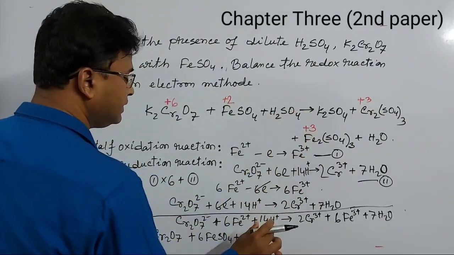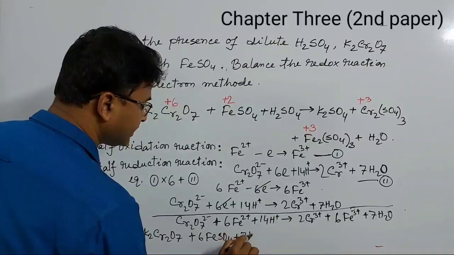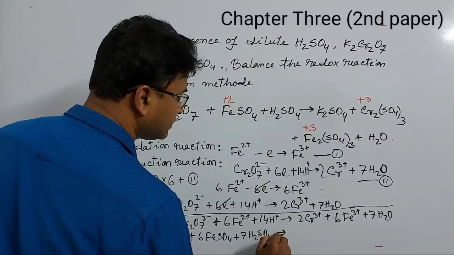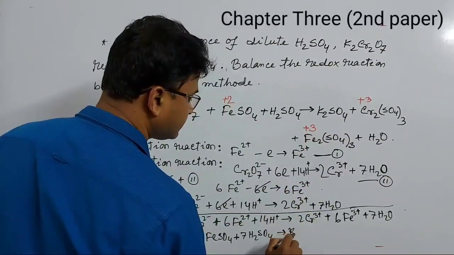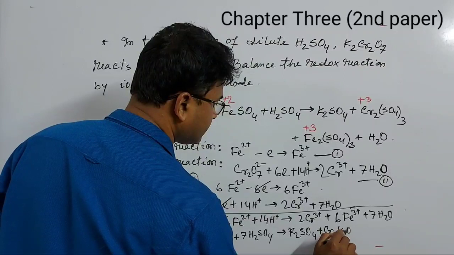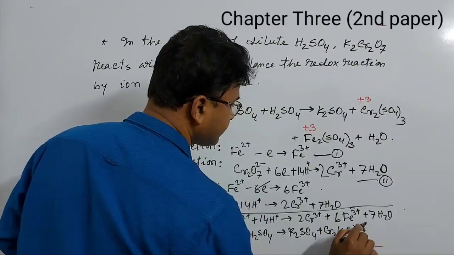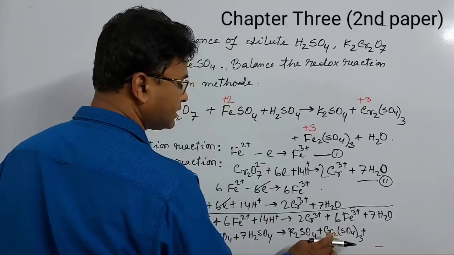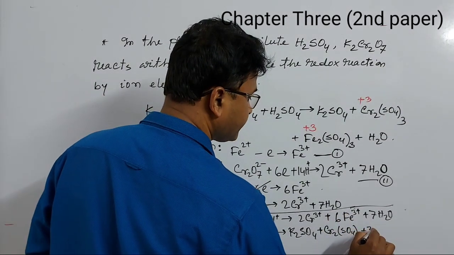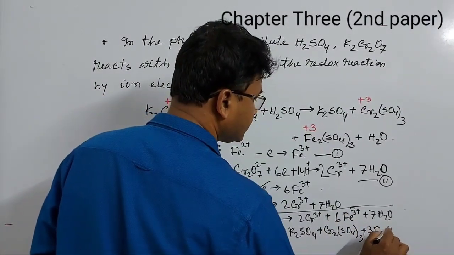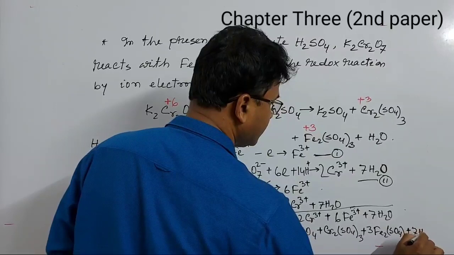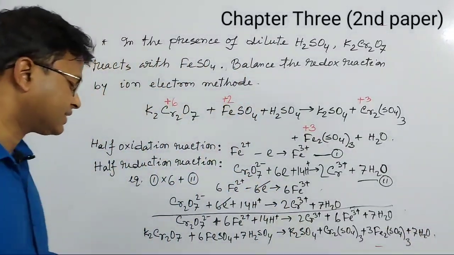H plus ion comes from sulfuric acid, so I can write here 7H2SO4. 7 into 2 is equal to 14, and potassium sulfate plus chromium sulfate plus, as there are Cr2, that's why I need not write here 2 separately, and 3 ferric sulfate plus 7 molecules of water. This is the balanced reaction.